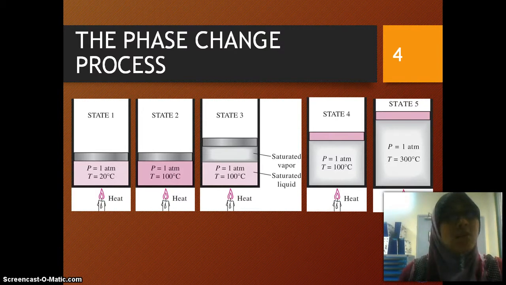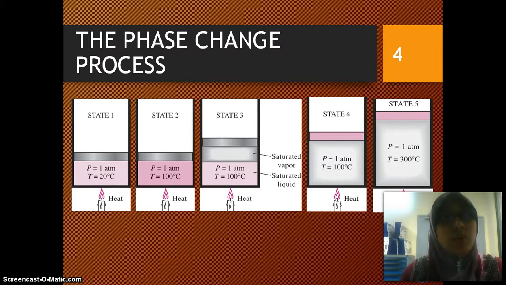Going towards state 3, inside our slide you can see our phase is already separated into 2. On the top, we have the saturated vapor, and at the bottom, we have the saturated liquid. But the pressure and temperature still remain the same, 1 atm and 100 degrees Celsius.